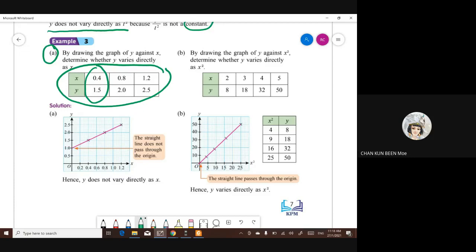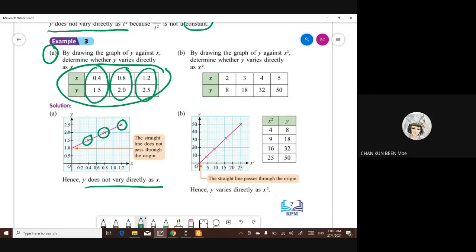So 0.4, 1.5 here. And then 0.8, 2 here. 1.2, 2.5 here. Does it go through the origin? No, right? If it doesn't go through the origin, you just remember, it does not vary directly as x.